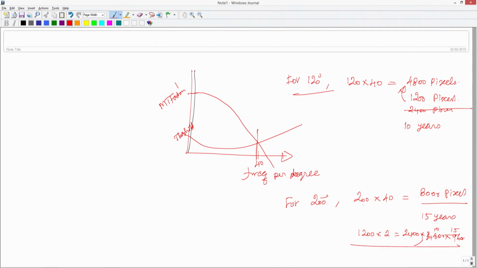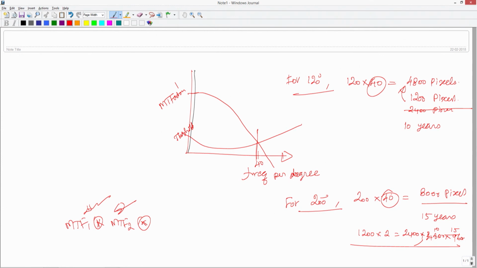All these things assume that the MTFs of the different components of the system, MTF1, MTF2, MTF3, are constant. Maybe each of these MTFs will be improving, therefore the requirement of this 40 may be reducing in the future.